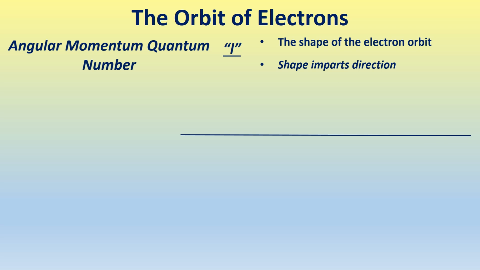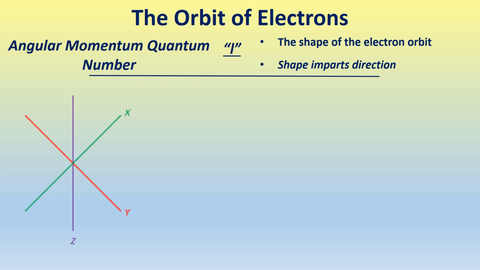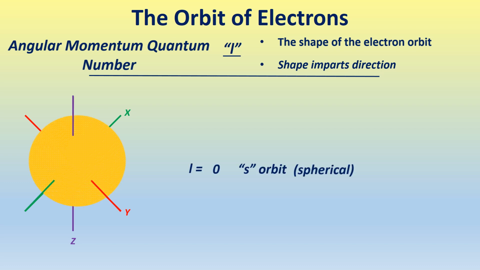Once there is shape, direction winds up being implied. This leads to the next quantum number. For example, if I have l equals 0, an s orbital is spherical. In this particular case, it doesn't matter in which direction the electron's moving, it will always wind up in the same spot.